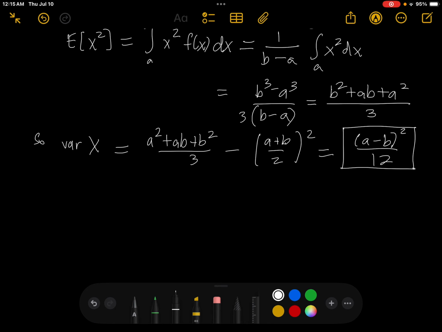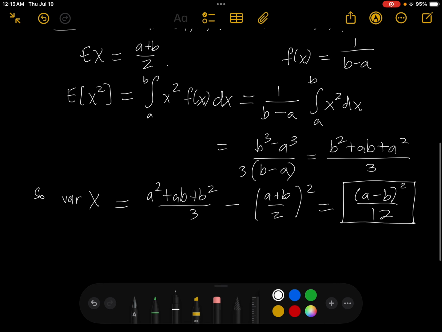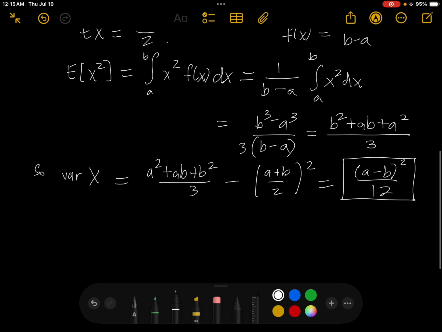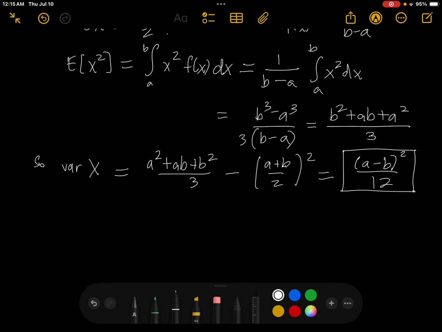So that's the variance. Now notice that a minus b is going to be negative if a is less than b, but the absolute value is going to be the length of the interval.